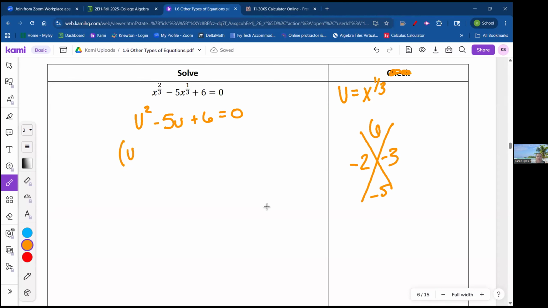So you're left with U minus 2 and U minus 3 is equal to 0. Solve for U. U minus 2 is equal to 0. U minus 3 is equal to 0.